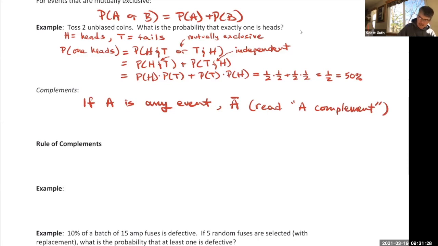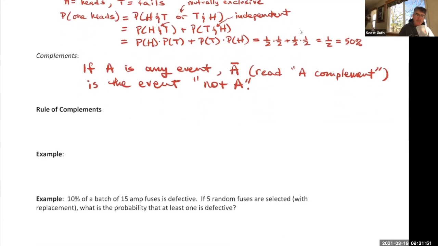Okay, so A complement is the event not A. So it's everything that isn't A, which completes A, which is to complement A. So complement means to complete something.